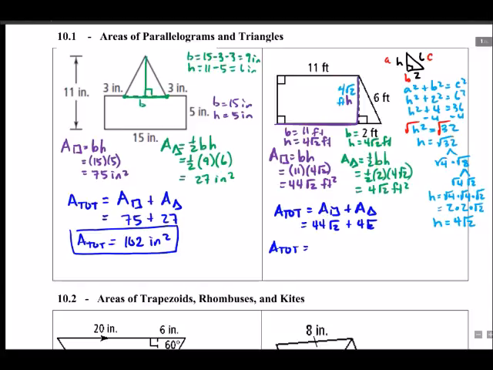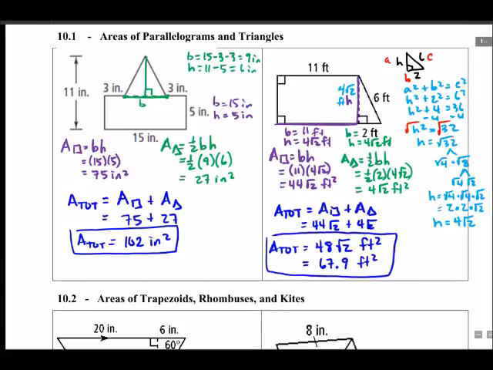So if you had 44x plus 4x, you would end up with 48x. It's the same way with a square root. So 48 square root 2 feet squared. And if we were asked to put this in decimal form, we throw it into our calculator. 48 times square root 2 is 67.9 feet squared.